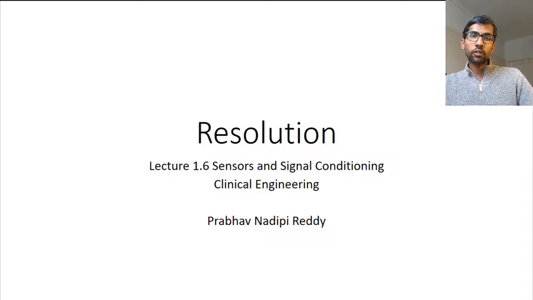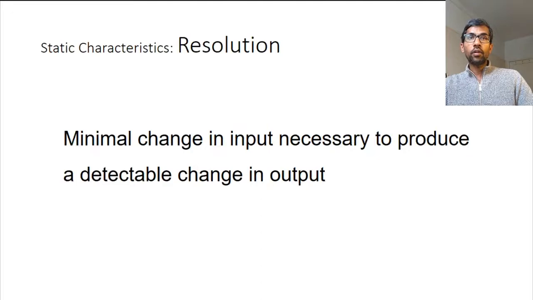Next, I want to talk to you about a quantity that we call resolution of the sensor. Now, resolution is defined as the minimal change in input that is necessary to produce a detectable change in output. So, what is the minimum change that you require in the input to see some change in the output, right?